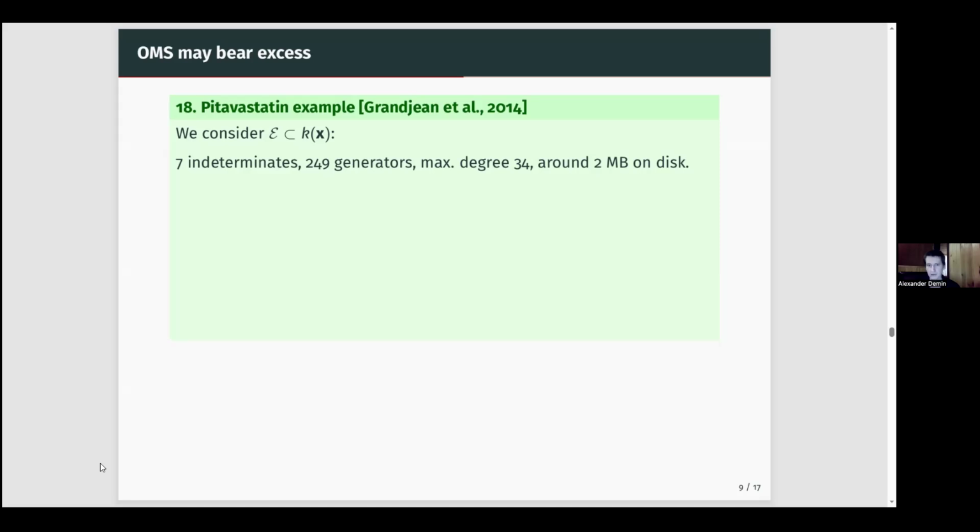For now, we are only interested in this subfield. It is quite large, so the original generating set takes around 2 megabytes to represent on disk. So it's quite sizable for symbolic computation. It has degrees of rational functions up to 34. And in total, there are 249 of those rational functions.